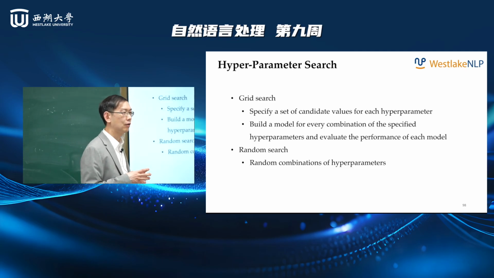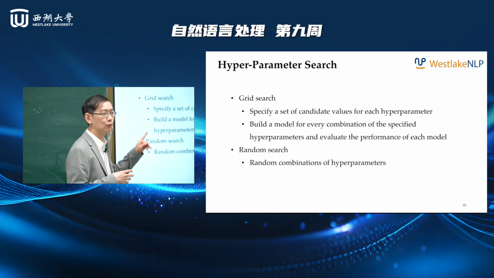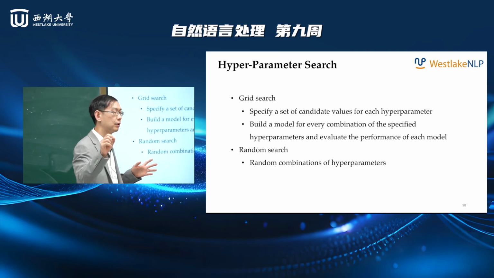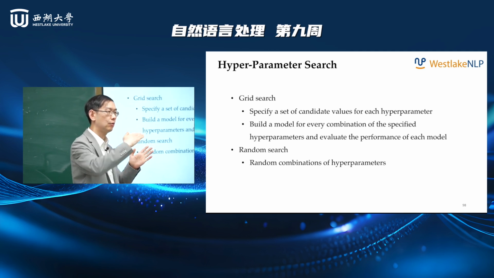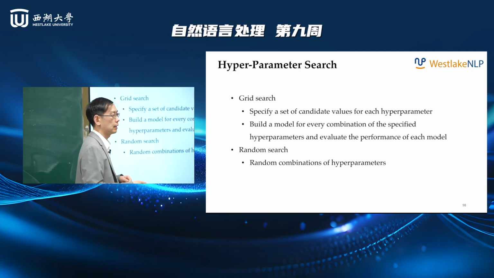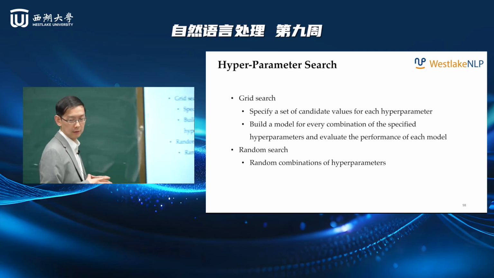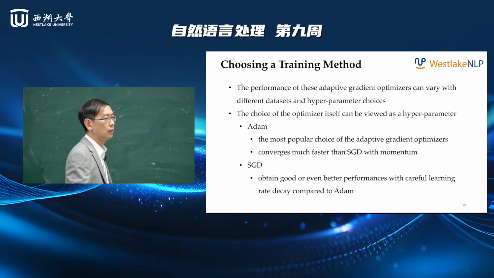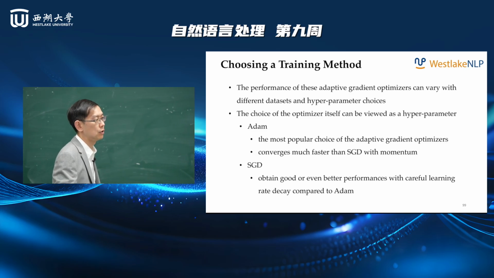One, if you have a lot of GPUs, you can do grid search, which means you can find a set of hyperparameter values and you try each combination. This combination will be like a grid. But nobody has enough GPUs. So you have to have some heuristics or random search. As I mentioned to you, the choice of optimization method is another hyperparameter which you need to try out.